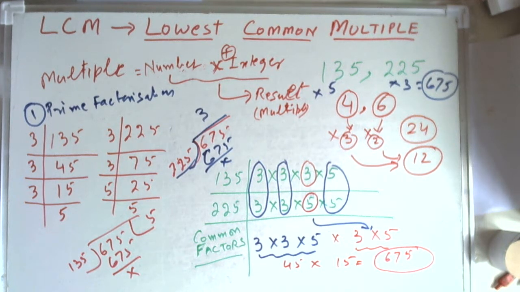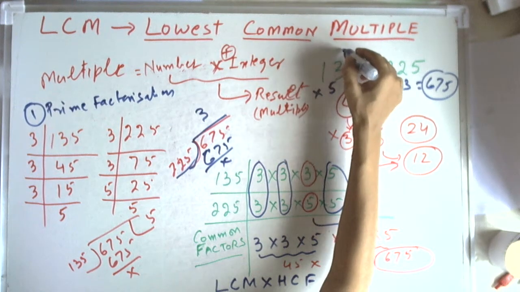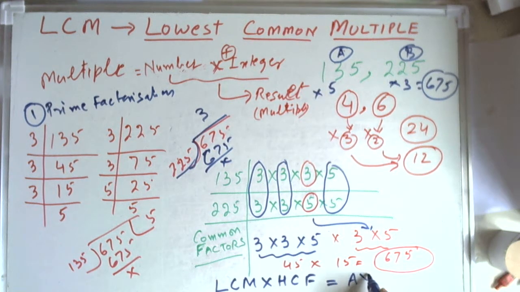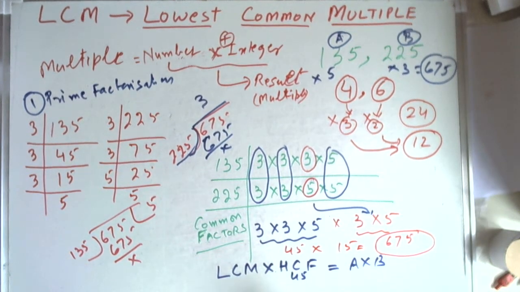Also remember one more thing, that if we are doing it only for a pair of numbers, then LCM multiplied by HCF will be equal to the product of the numbers. So for example, if this is number A and this is number B, then LCM into HCF will be equal to A into B. In our example, our HCF was 45 and LCM is 675.